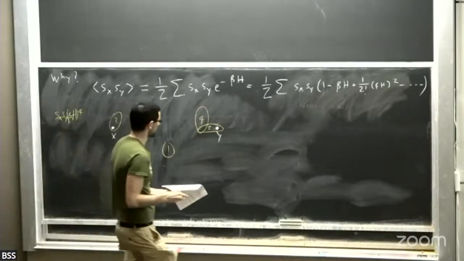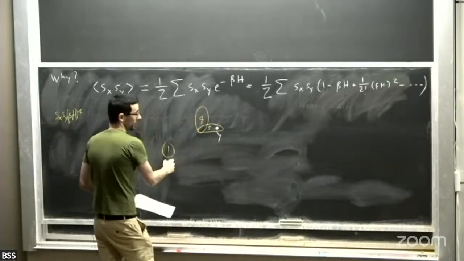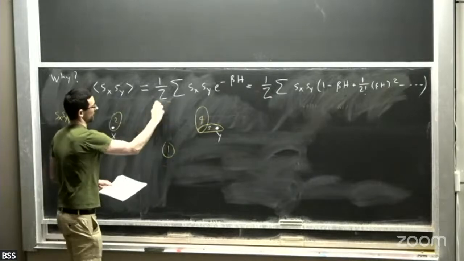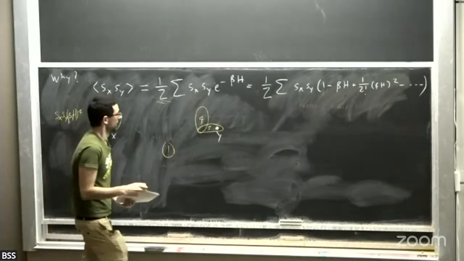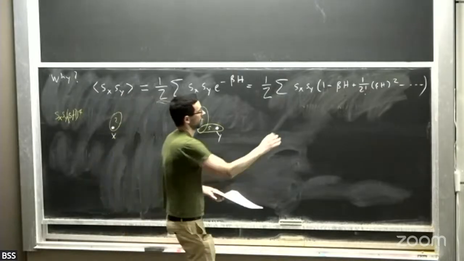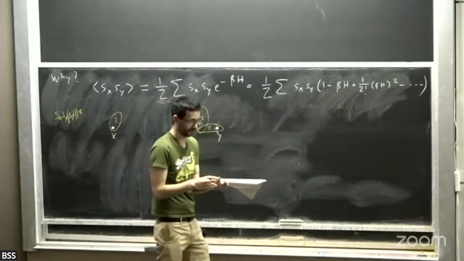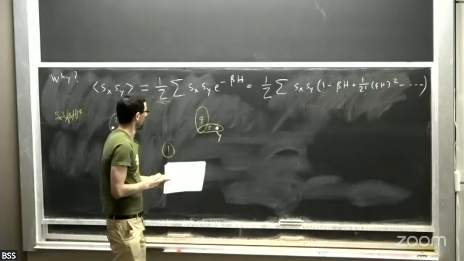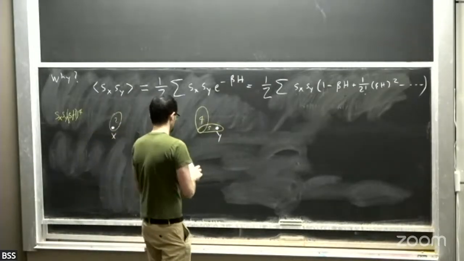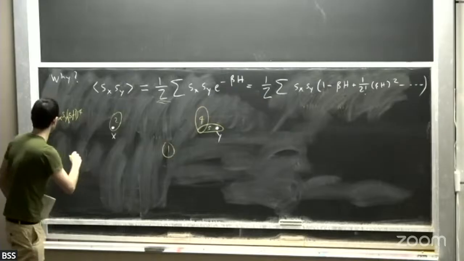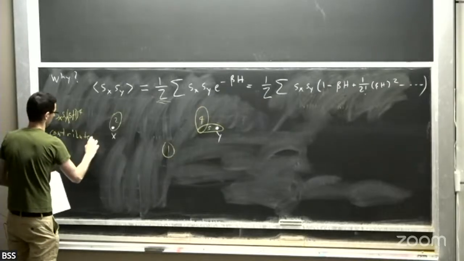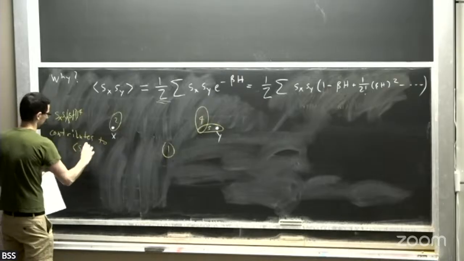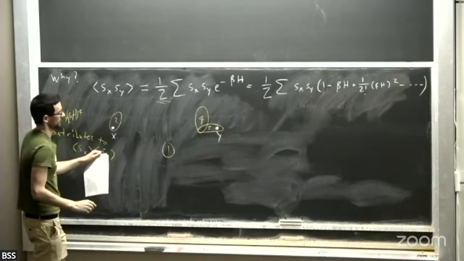And so what we notice is that term 1 here is canceled by this denominator. Terms 2, 3, and 4 all play with spins x and y, so they're a little more non-trivial. However, this specific configuration here also contributes to the disconnected average, right?